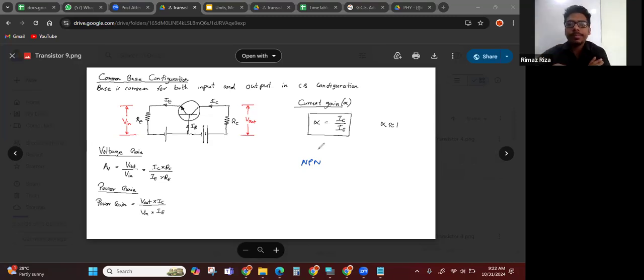Don't take much time. First, you have to consider that the collector is common, and the transistor is NPN, so you have to mark the transistor accordingly. Then you have to draw the input circuit and output circuit. Then you have to see which terminals we have to forward bias and which to reverse bias. To give an input, there should be an input resistor, and to take the output, there should be an output resistor.